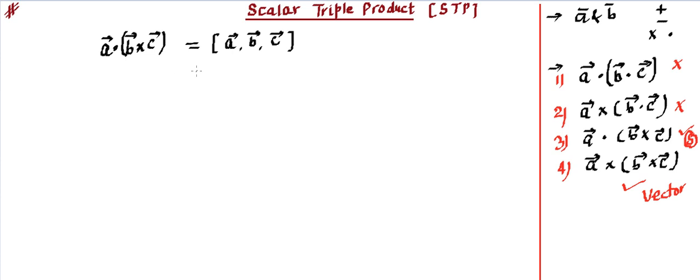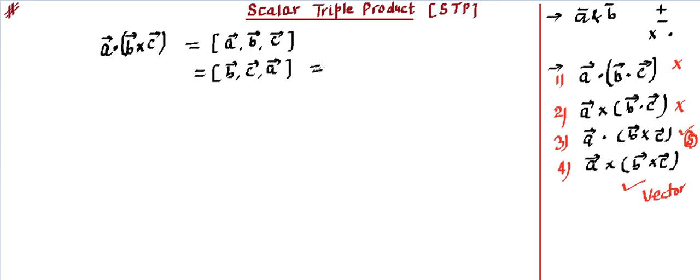Now this can also be written in a different manner. That means we can say this is also going to be equal to, now we can think of some properties of it. So this can also be written as B vector dot C vector cross A vector. That means if we change this order from ABC to BCA, it remains the same value.